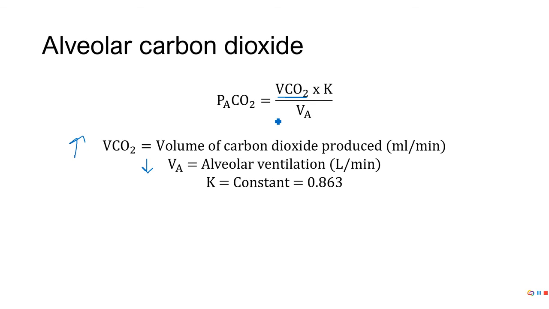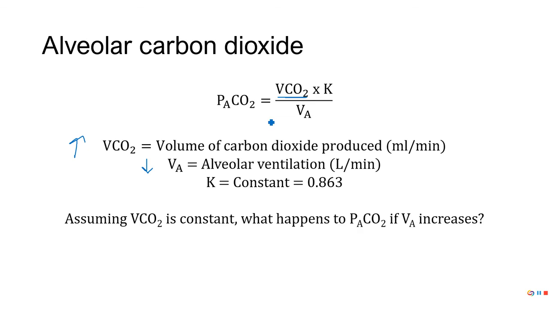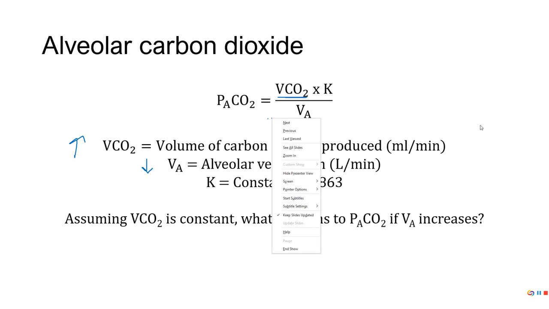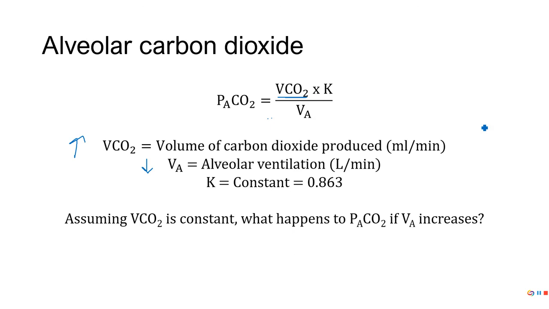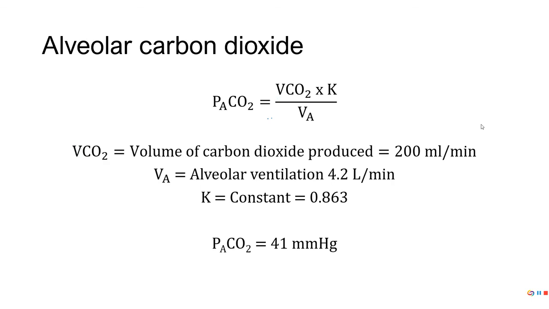So we've just answered that question there. If you keep constant the amount of CO2 you're producing, but you increase your alveolar ventilation, you're going to decrease your CO2. If we use typical textbook values, alveolar CO2 is about 41.